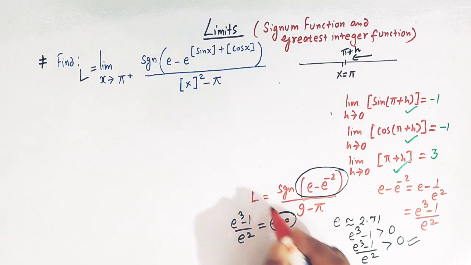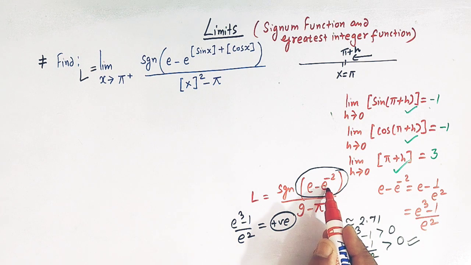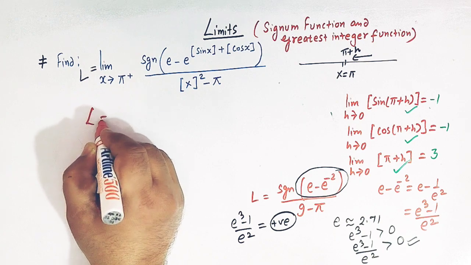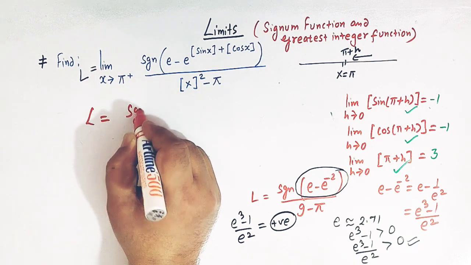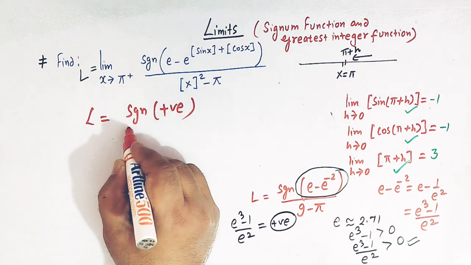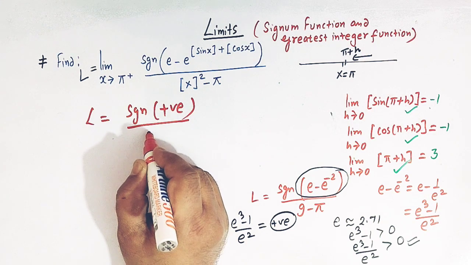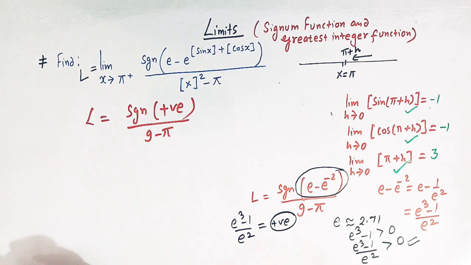So now here we have this limit L, and e cube minus 1 over e square is positive, right? So we have limit L is equal to signum of some positive quantity, and in the denominator, we have 9 minus pi, right?